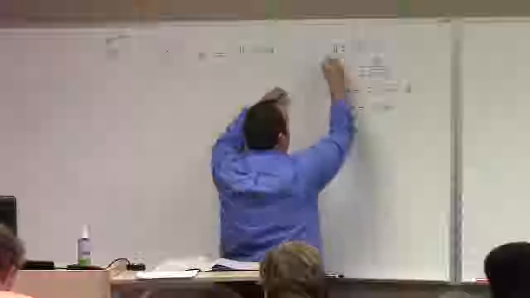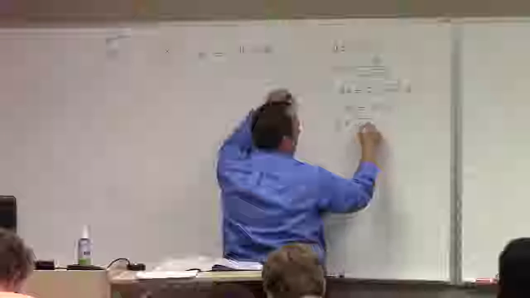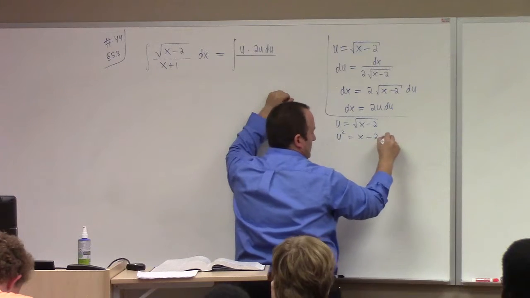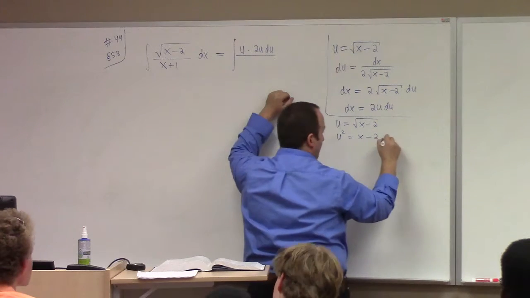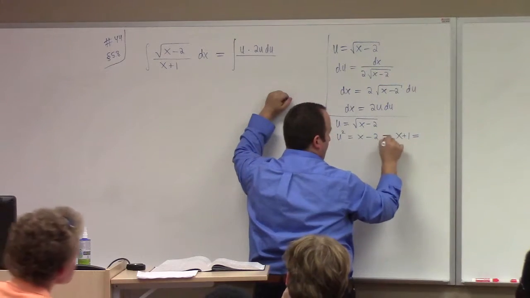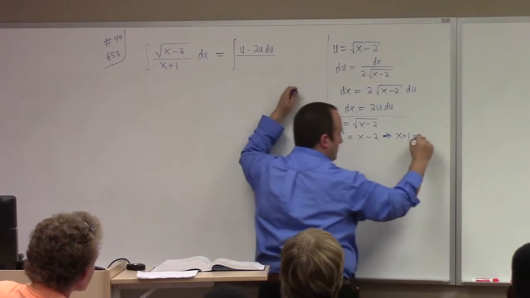So if u is equal to the square root of x minus 2, then u squared is x minus 2. Therefore, x plus 1 equals what? u squared plus 3? Yeah.